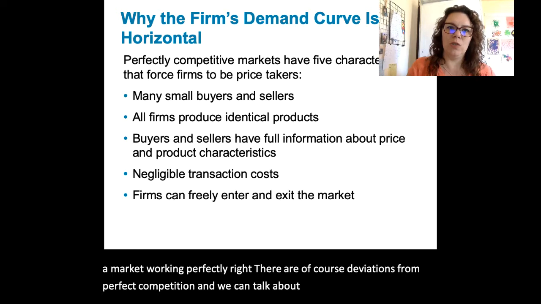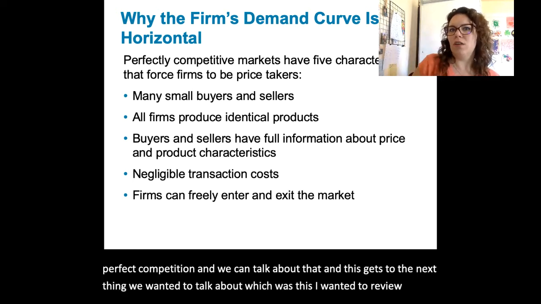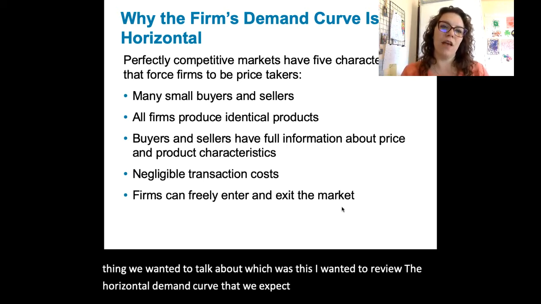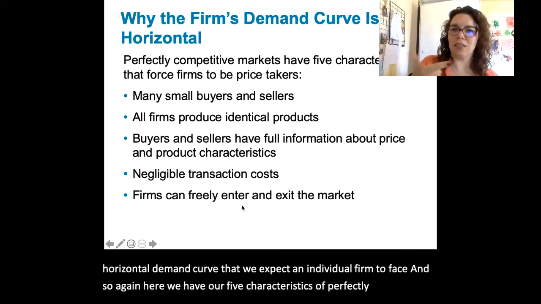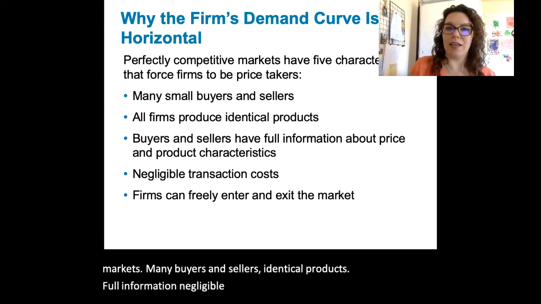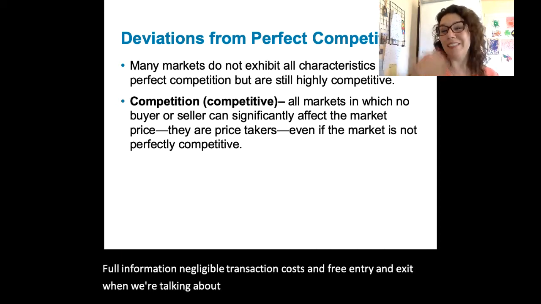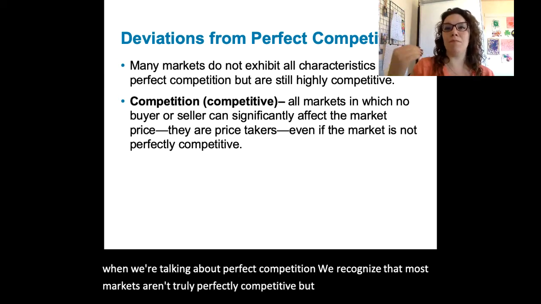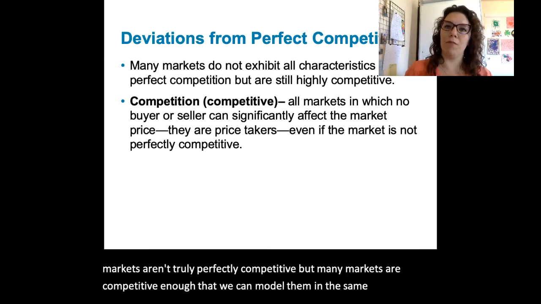And this gets to the next thing we wanted to talk about, which was this. I wanted to review the horizontal demand curve that we expect an individual firm to face. And so again, here we have our 5 characteristics of perfectly competitive markets: many buyers and sellers, identical products, full information, negligible transaction costs, and free entry and exit. When we are talking about perfect competition, we recognize that most markets aren't truly perfectly competitive, but many markets are competitive enough that we can model them in the same way we would model a perfectly competitive market.